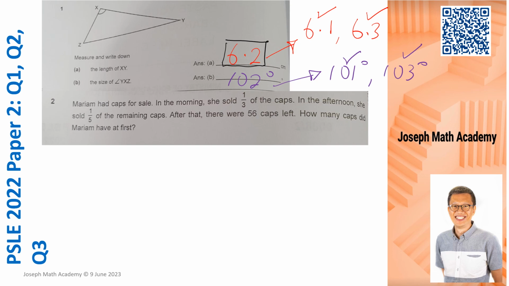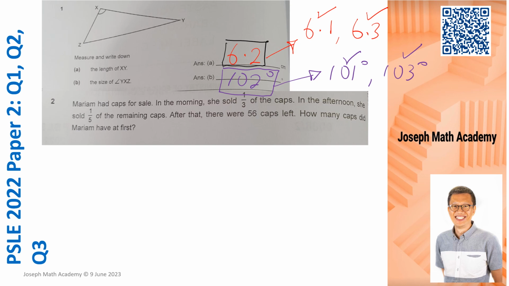That means in PSLE, plus and minus 1 degree error is acceptable if the actual value is this. Alright? So measuring using a ruler to find the length, and using a protractor to find the angle size, is super easy, and we should not make mistakes for such a question. Moving on to question 2.